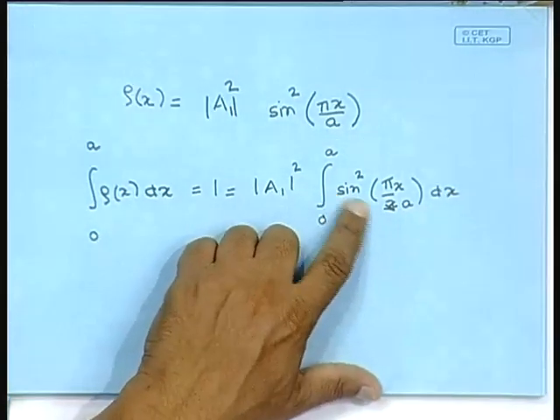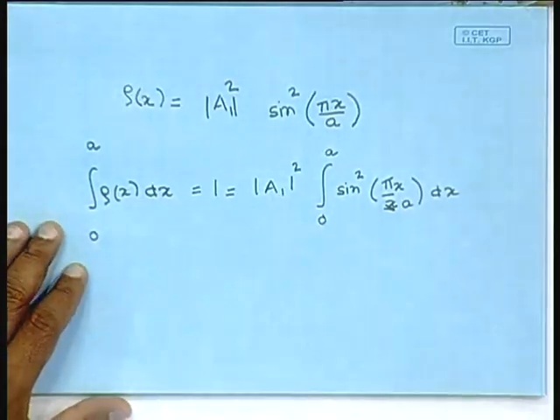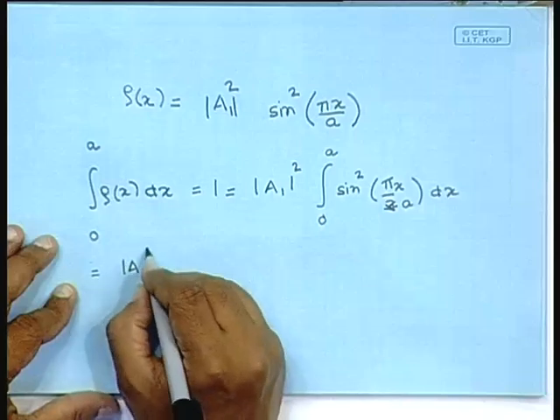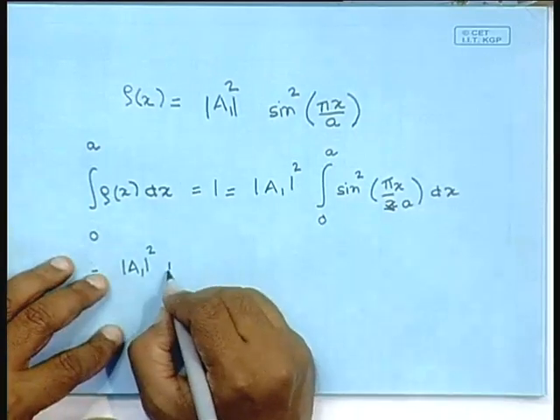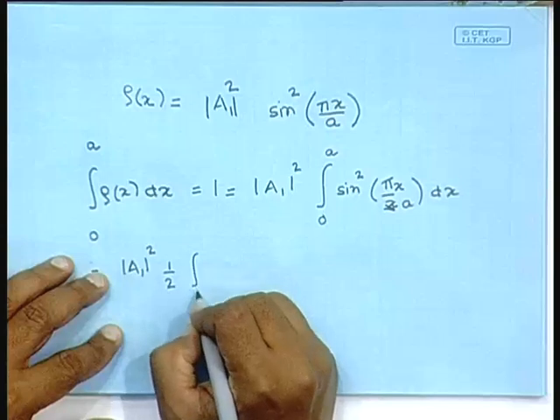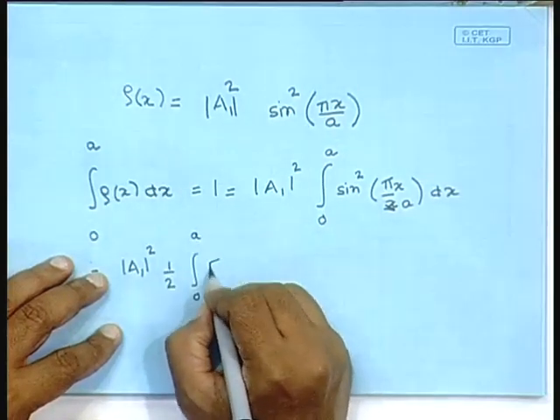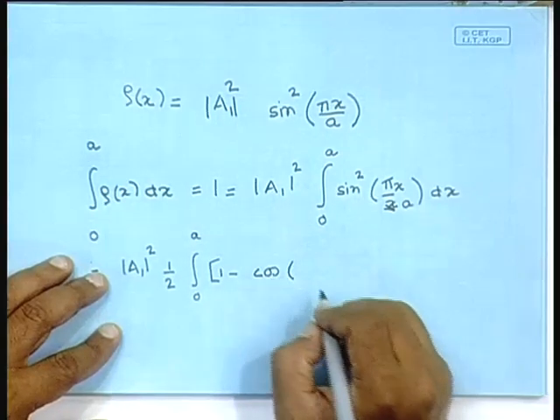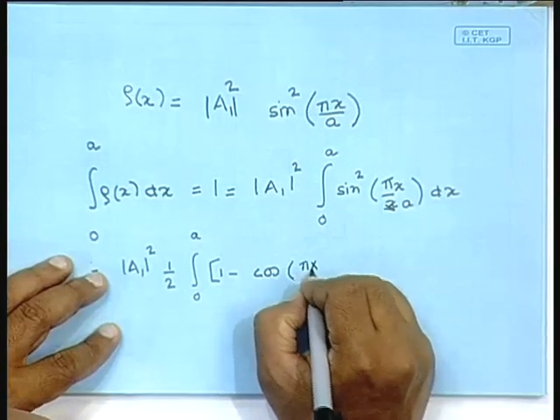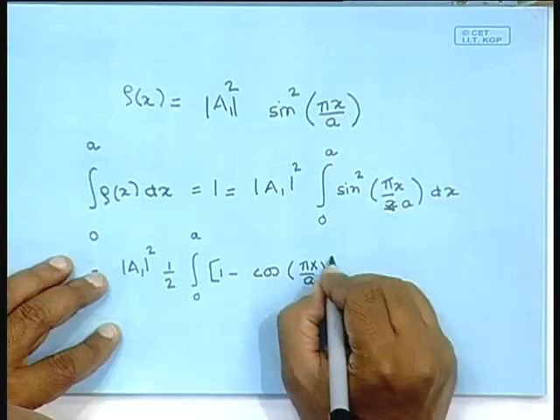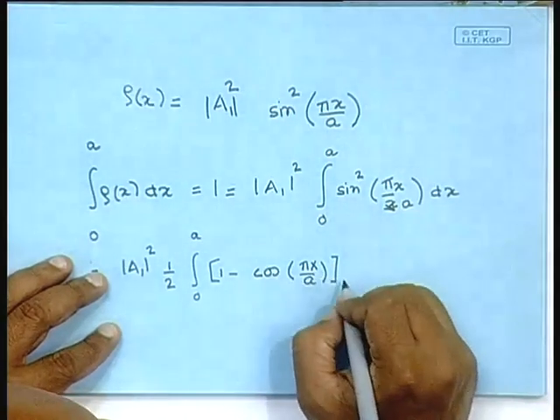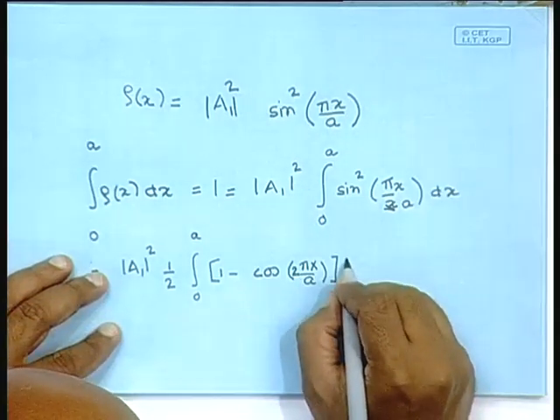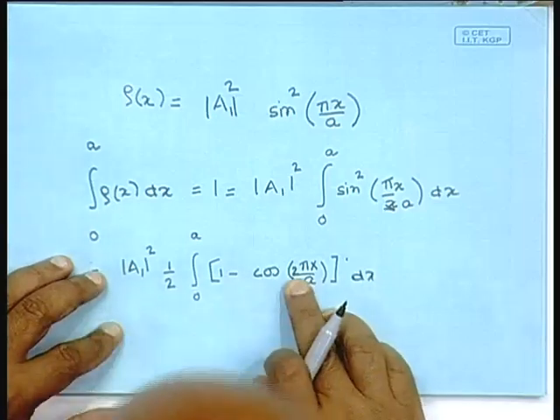Now, we know how to do these integrals. Sine square pi x by a can be written as a half of 1 minus cos 2 pi x by a, so there is a factor of 2 which comes in over here.